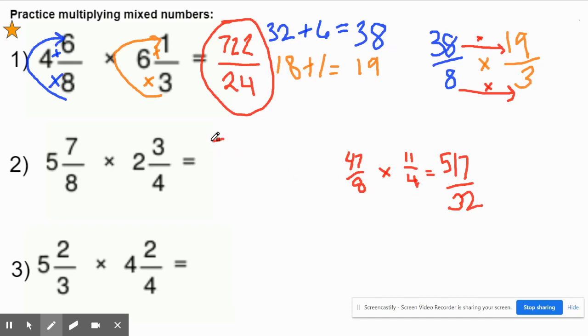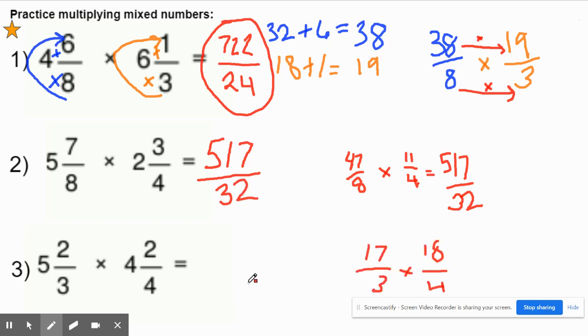That answer is 517 over 32. And then this last answer, if you work it out and want to know the answer, it is 306 over 12. Okay?